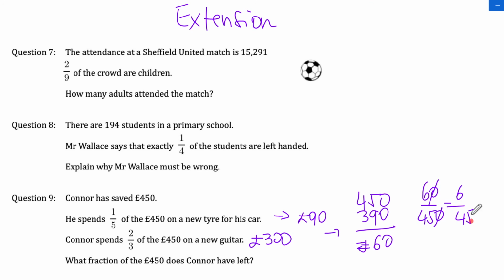And then both of these numbers divide by 3. 3 goes in 6 twice, and 3 goes in 45 fifteen times. So 2 out of 15, that is how much he has left in terms of fraction. Okay, so the fraction he has left is 2 out of 15.